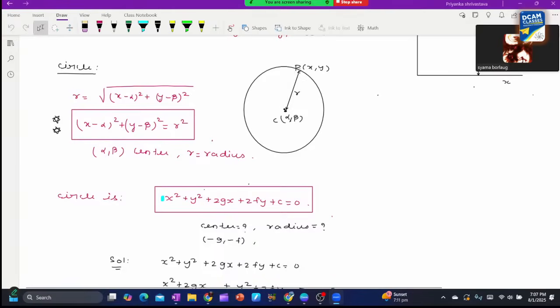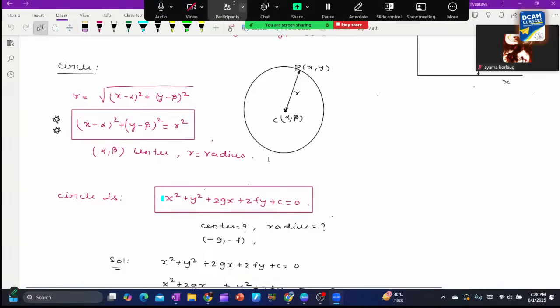We move the point in such a way that its distance from a fixed point remains the same. So we use the distance formula, (x2 minus x1) whole square plus (y2 minus y1) whole square is equal to the radius square, to find the equation. This is the general equation of a circle, right?